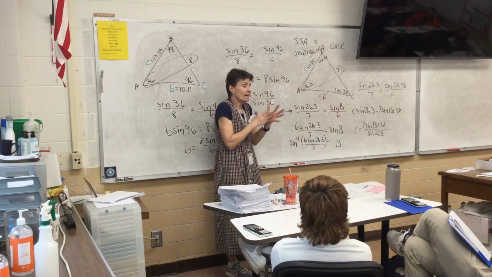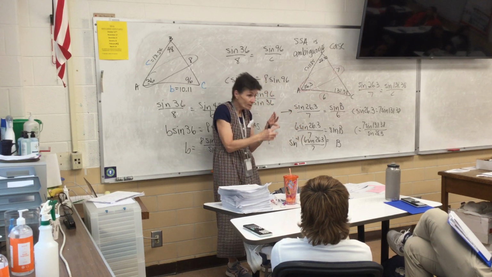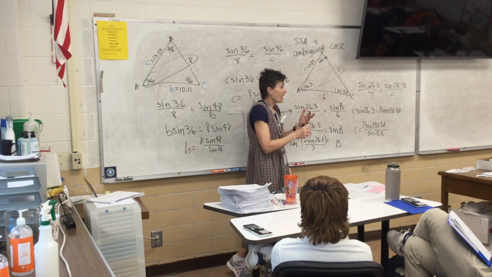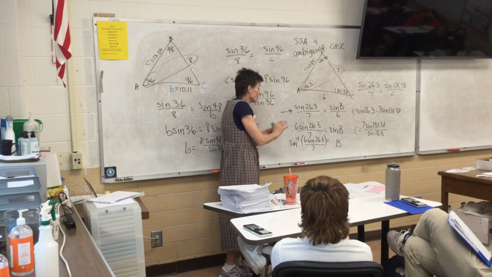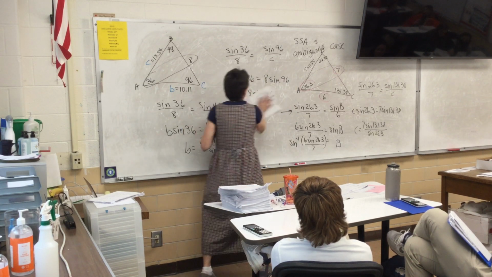So when you are given angle, side, side, you might have no triangle at all, you might have one triangle, or you might have two. Now, we already solved this one, so I know there's one at least. So now I'm going to show you how to check for the second one.